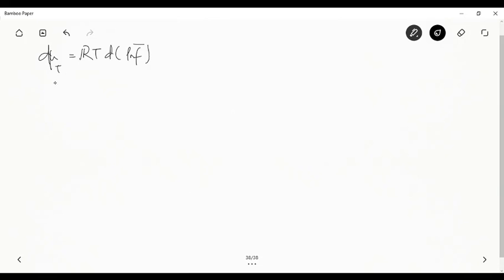So for any species i, which can be in multiple phases, I'll be able to write mu i alpha minus mu ref for i. Instead of mu ref, I'll just write mu naught.